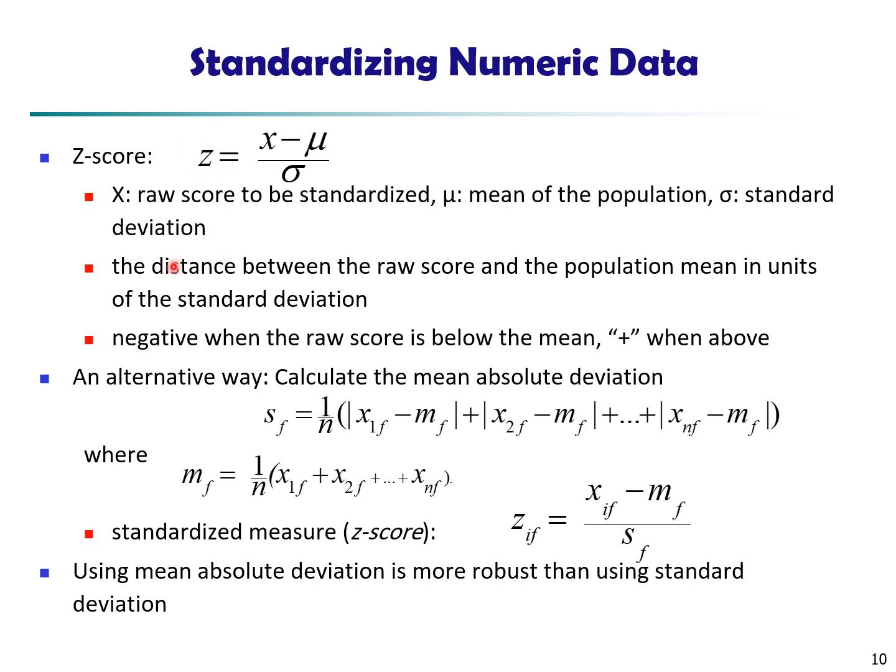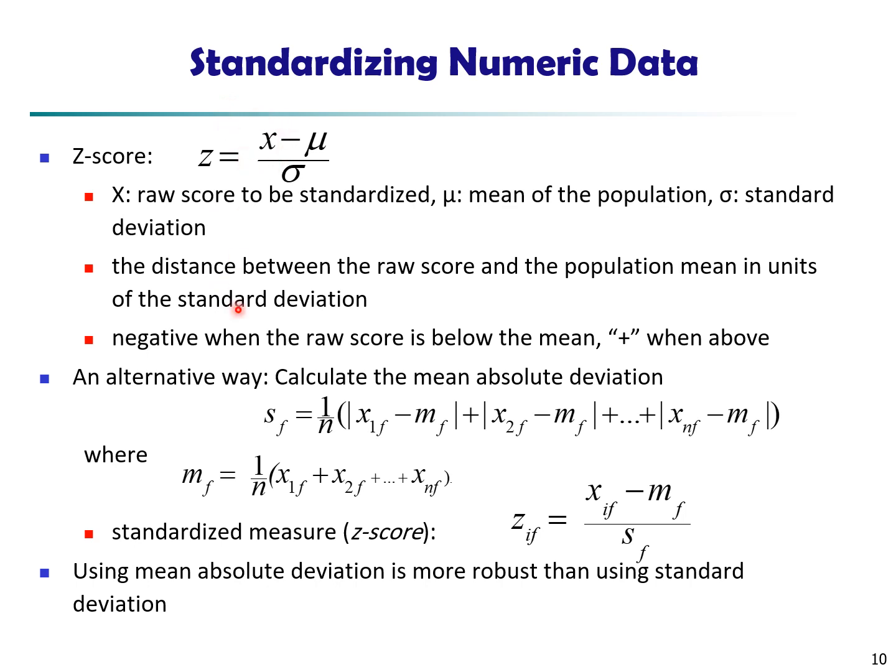Using the z-score, we will be calculating the distance between x and the population mean, divided by the standard deviation. So it will be in standard deviation units. Now, if we get a negative score, then this means that x is below the mean.